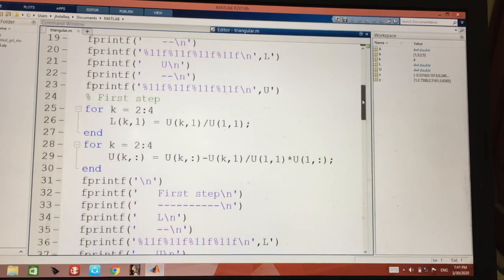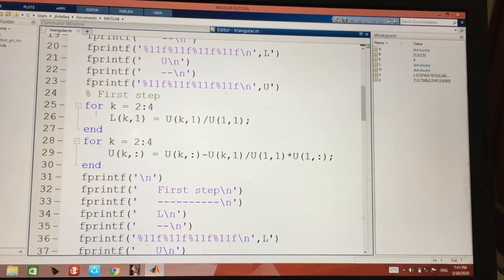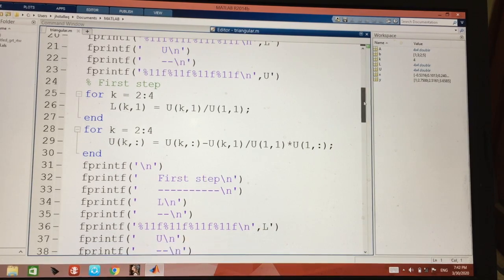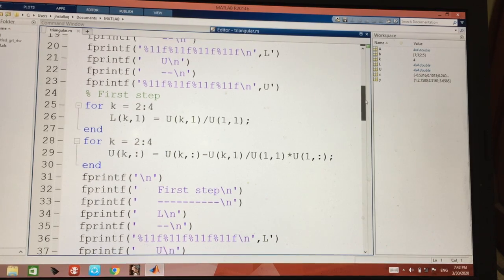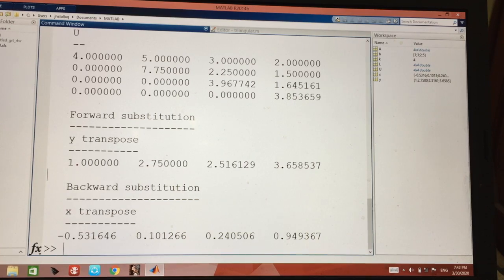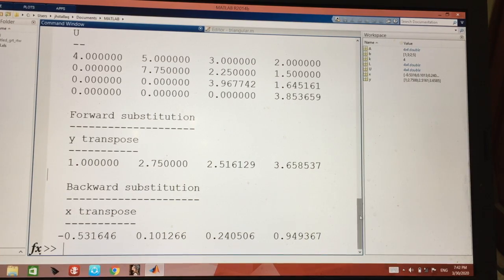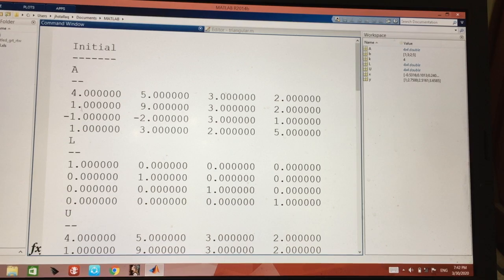Now we start the modification. First step, we go from 2 to 4 because we want to eliminate the first column. We want to eliminate the first elements in the column. If we go back to here, what we want is to eliminate this element and this element and this element. We want to make them 0, okay?